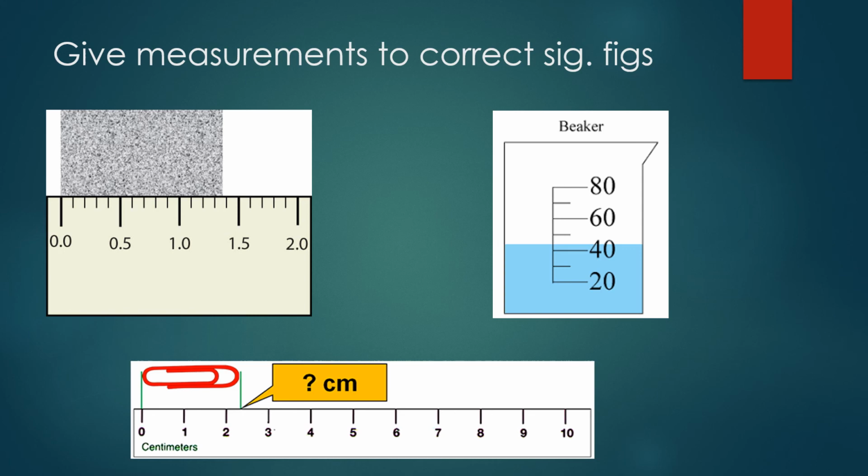So in this first example with the ruler, we have a piece of felt or fabric being measured. What we need to look at is how far out does the ruler go? Well, the ruler goes out to the 10th spot, right? It goes out 1 decimal place. So when we're figuring out the length of this piece of fabric, we want to go 1 further than what the device allows.